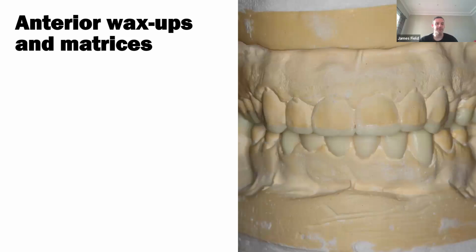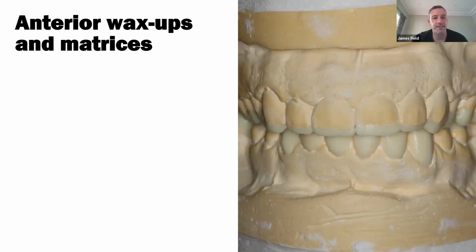So what I'd like to talk a little bit about now is how we sometimes use anterior wax-ups and matrices to help us place our restorations. And I've put this in because it's becoming more and more commonplace for us to have to restore moderate tooth wear, sometimes severe tooth wear. And this links quite well to what we're talking about in terms of fundamentals.